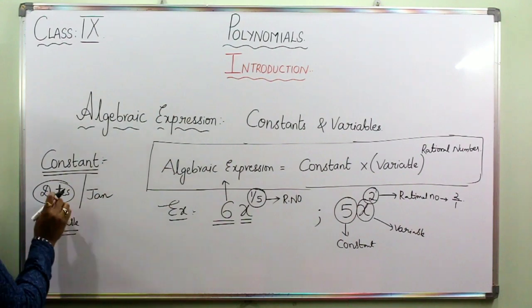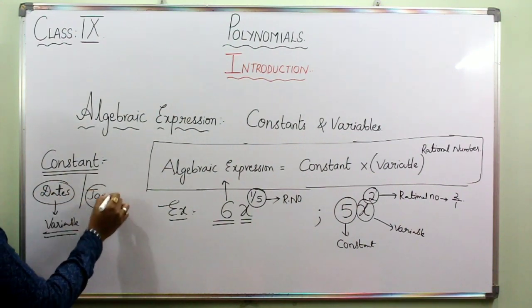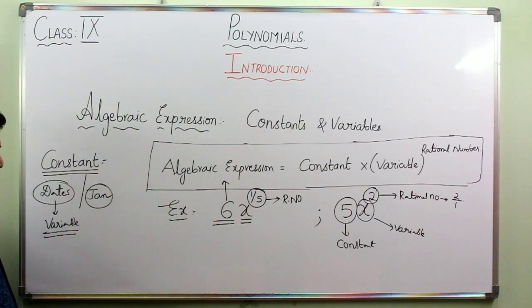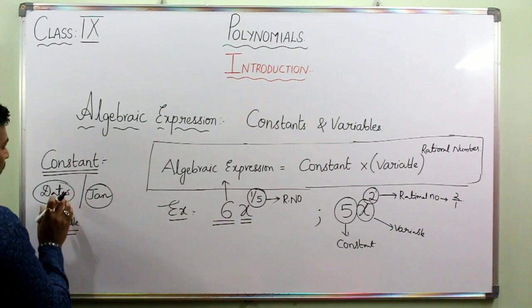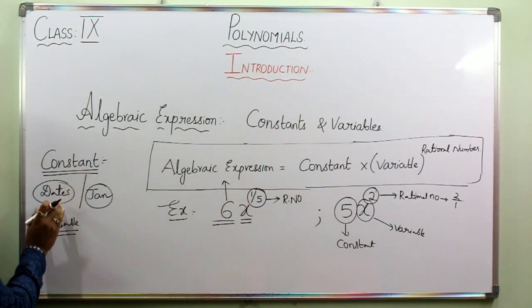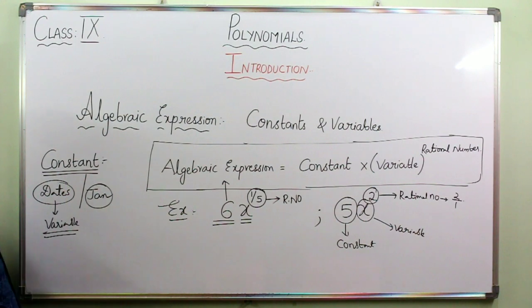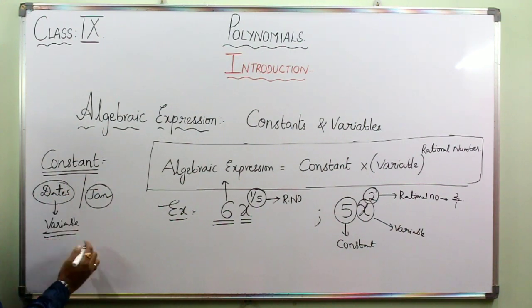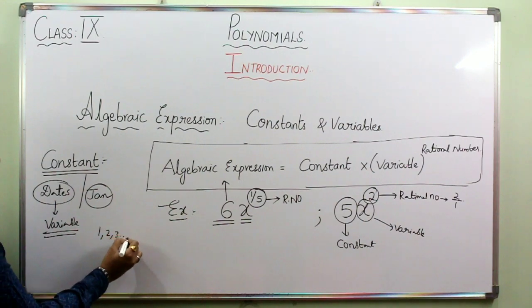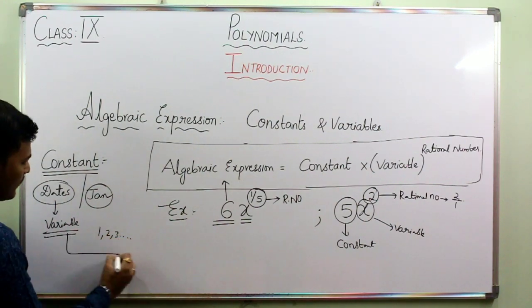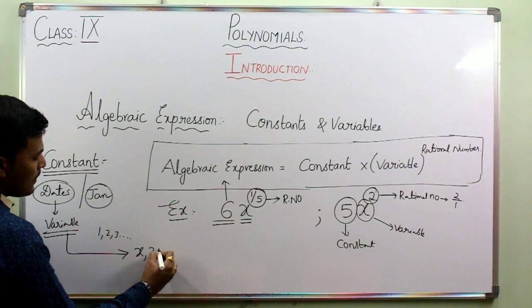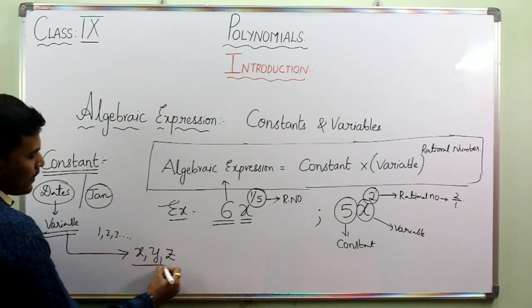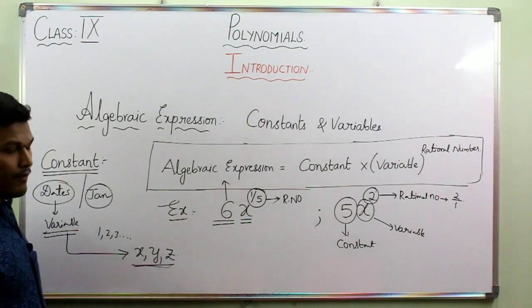Suppose I take the month of January. January is called a constant because it is constant for all the dates of January, that is 1 to 31. Variables are those which keep changing, 1, 2, 3, and so on. Usually we represent variables with the letters x, y, z. X, y, z are called the variables.